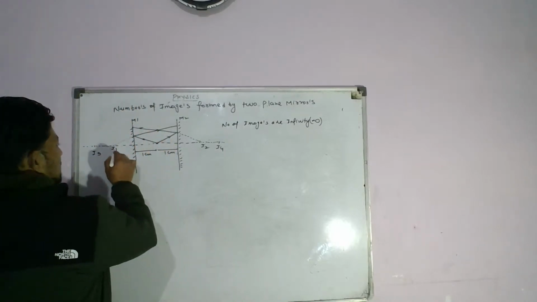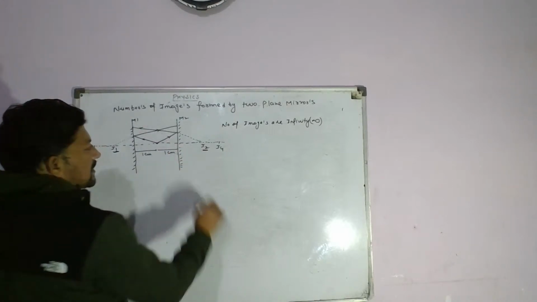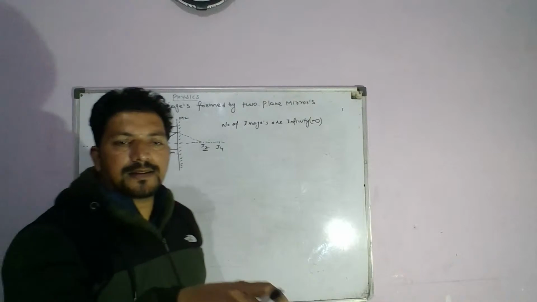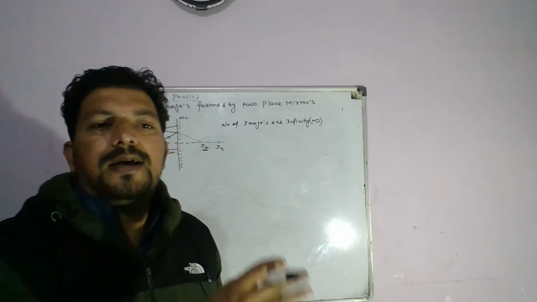Suppose the intensity of I1 and I2 is the same, then for the next image the intensity is decreased.